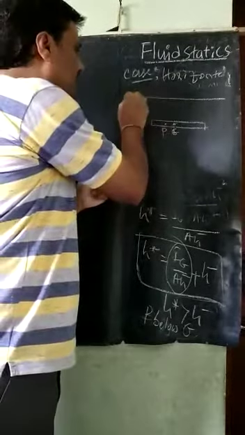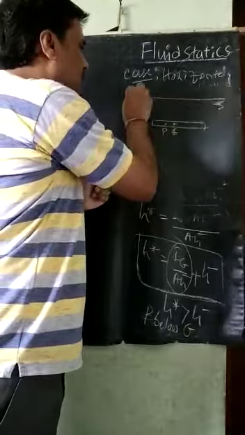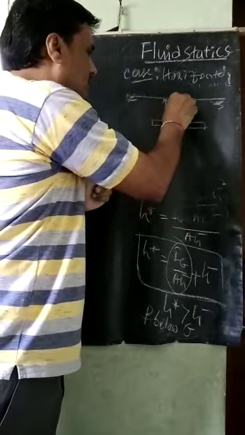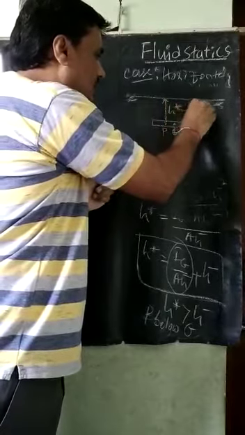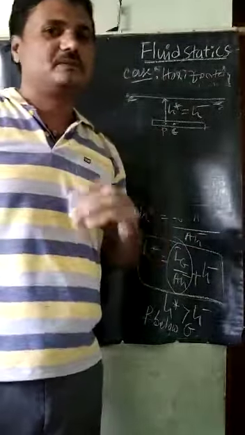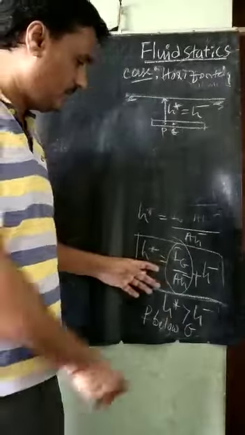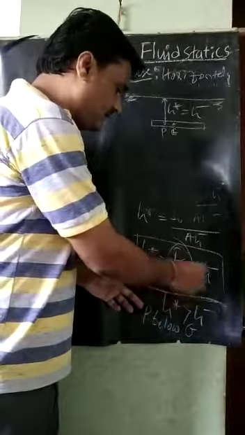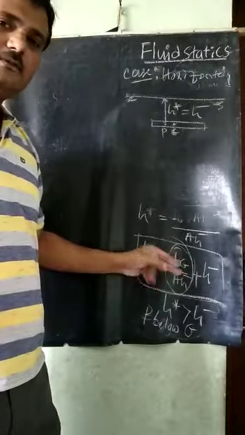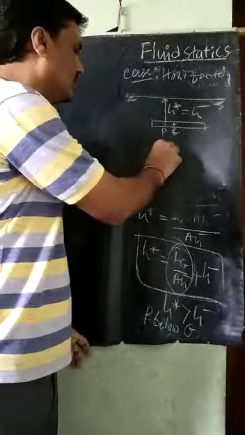But from the free surface, all distances are the same. You see, H star is equal to H bar. Whatever H star comes to, that is H bar.